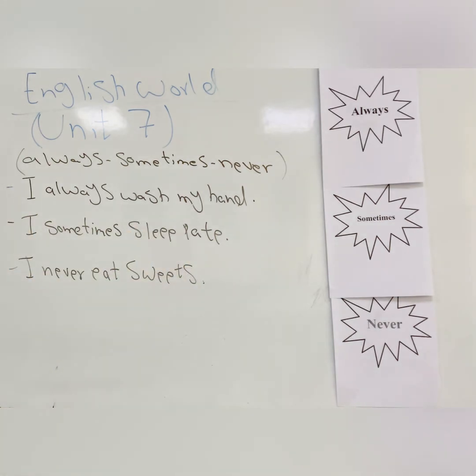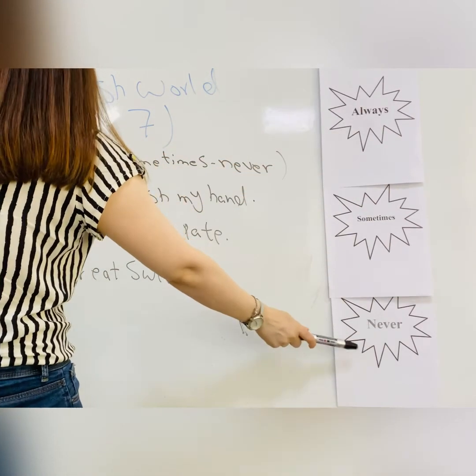So, if I want to talk about always, I say I always wash my hands. And for sometimes, I say I sometimes sleep late. And I never eat sweets. So we have three parts: always, sometimes, and never.